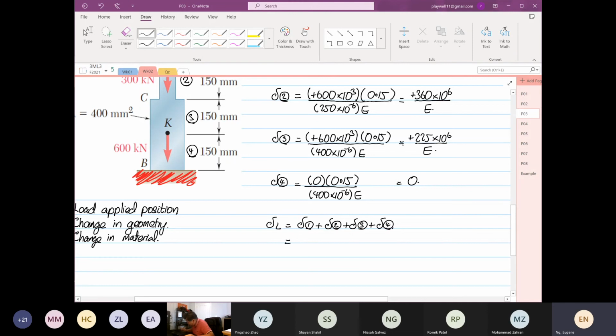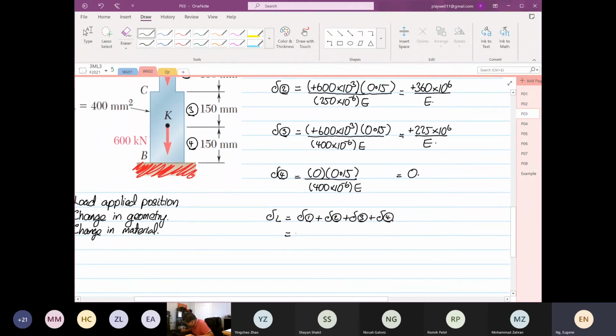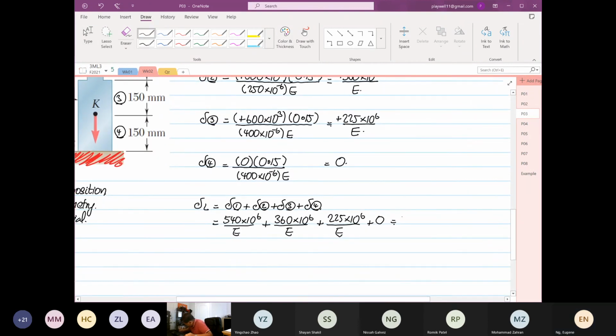So this will be equal to 540 plus 360 plus 225 plus 0. So this is equal to 540 plus 360 plus 225 is equal to 1125 times 10 to the power 6 divided by E.